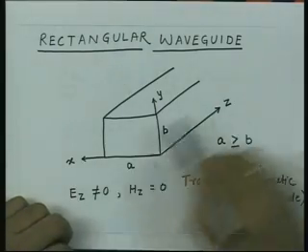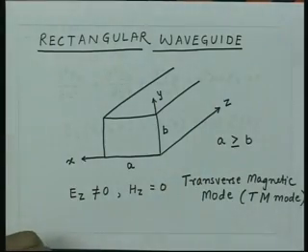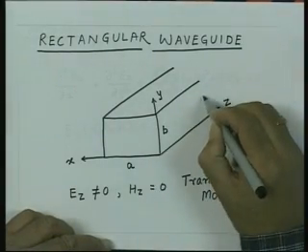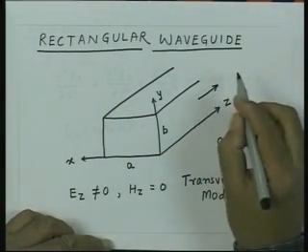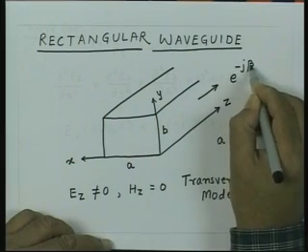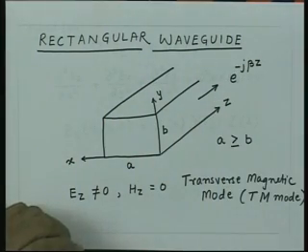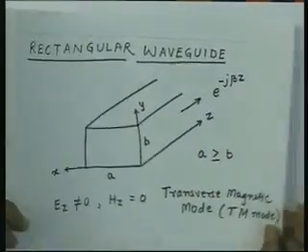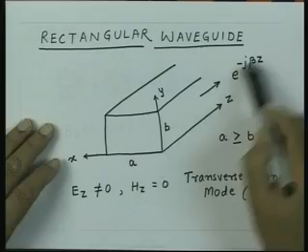So, we have a sustained propagation of wave inside the structure. So, we have z variation for a travelling wave in the z direction, which will be e to the power minus j beta z. That information we will use when we try to solve this problem, that we are looking for a travelling wave solution in this direction.